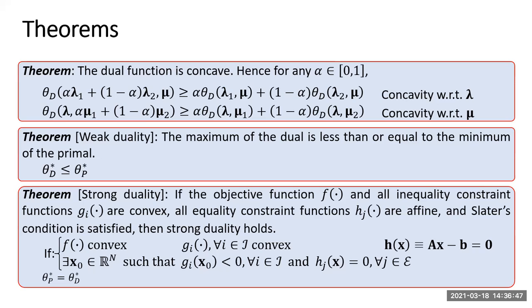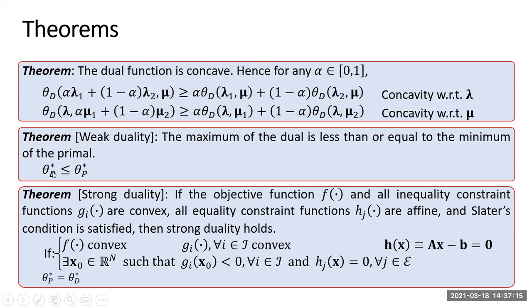Okay, and then we looked at a few properties. The dual function is concave. Nothing about the primal yet. The dual function is concave. We've seen that. And we saw that the maximum of the dual is less than or equal to the minimum of the primal. This is called weak duality.